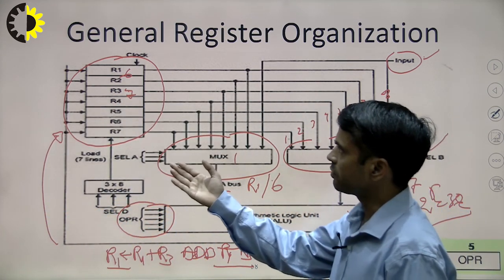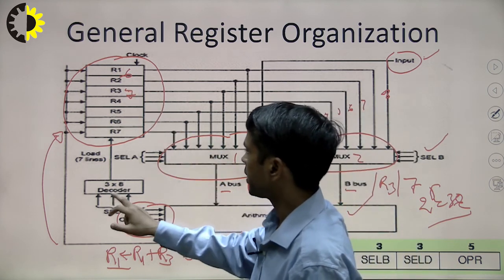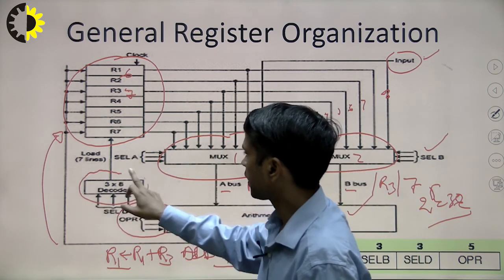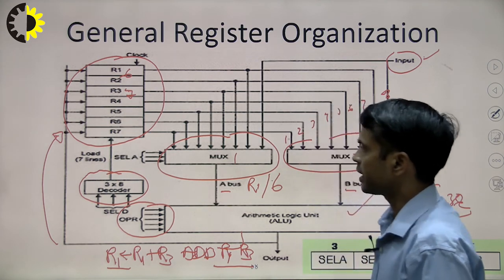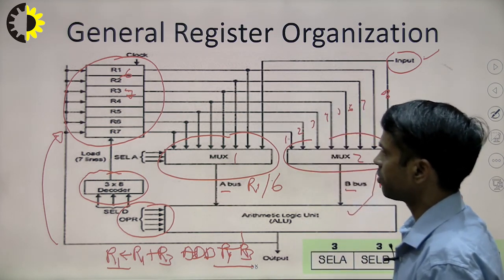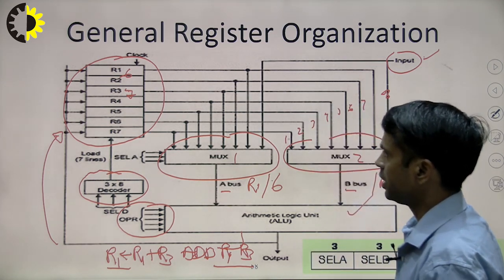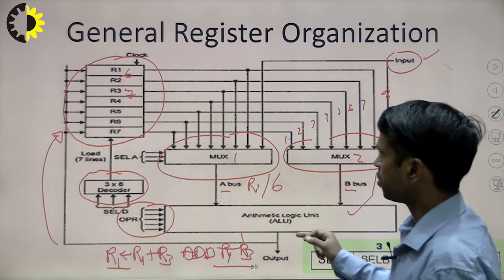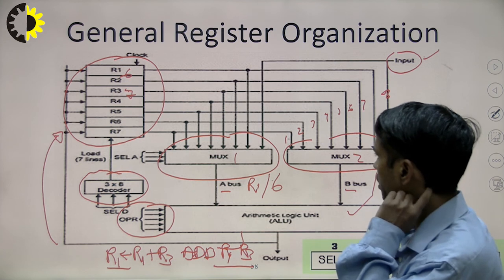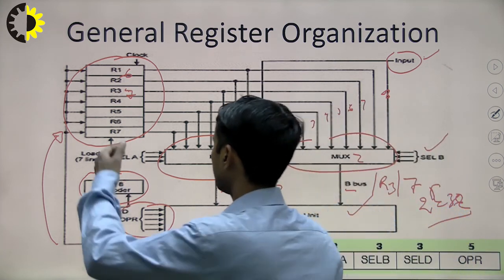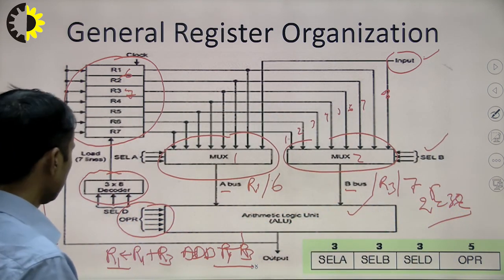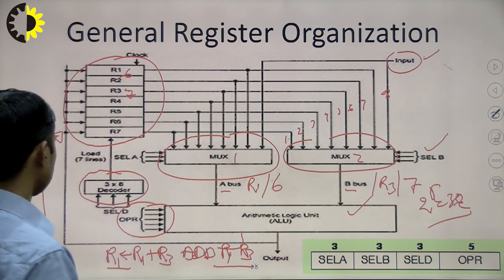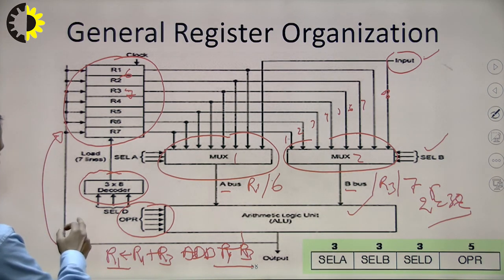Which register will store the result is determined by the decoder circuit. We can see here there is a 3:8 decoder to select the output line for the output of the ALU. So, it can send the data to one of the 7 registers depending upon the decoder output. So, 3 inputs to the decoder.